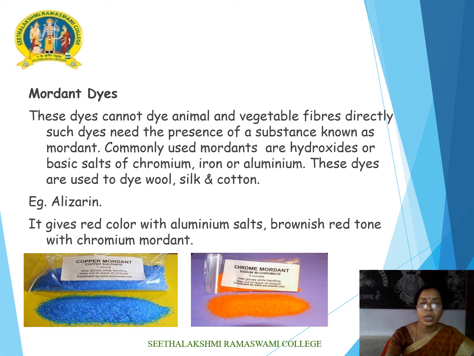These dyes are used to dye wool, silk, cotton. Example, alizarin. It gives red color with aluminium salt, brownish red tone with chromium mordant. These are some of the examples of mordant dyes, that is copper mordant, chrome mordant.